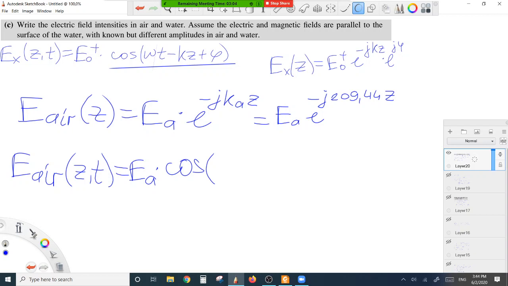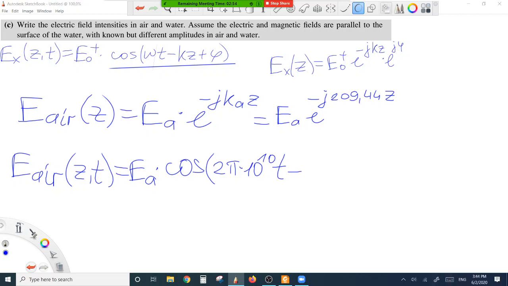In our case, omega is 2πf, or 2π multiplied by 10 to the power 10 t, minus 209.44 z, and the initial phase we may assume as 0.